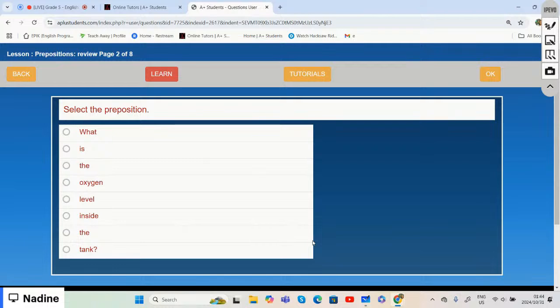Then let's look at the last one. It says select the preposition. Now we need to only select the preposition. What is the oxygen level inside the tank?